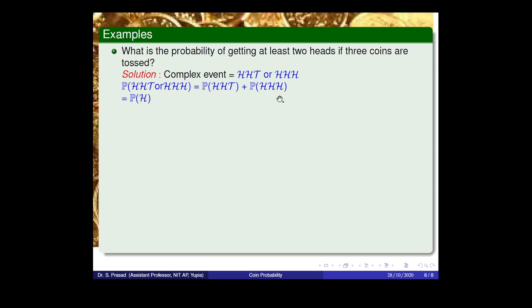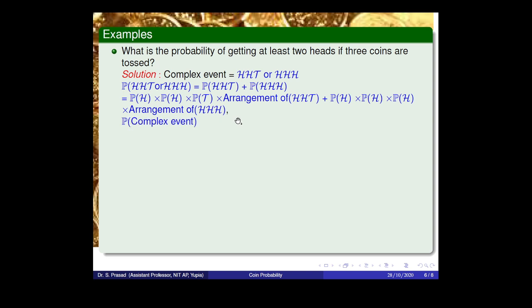We write it in the form of a complex event: the probability of H into the probability of H into the probability of T into the arrangement of HHT, plus the probability of H, the probability of H, the probability of H into the arrangement of HHH.